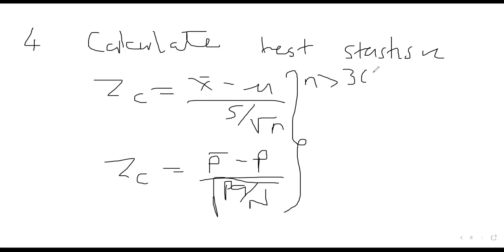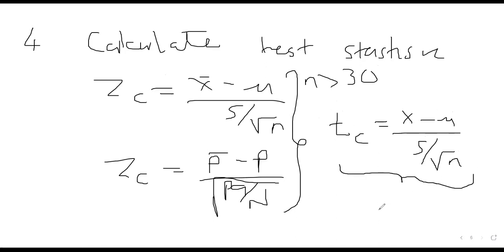If samples are less than 30, we're going to use the T calculated, which is the same formula as for a single sample, with S over square root of N, except that this one is used when we're dealing with N less than 30.